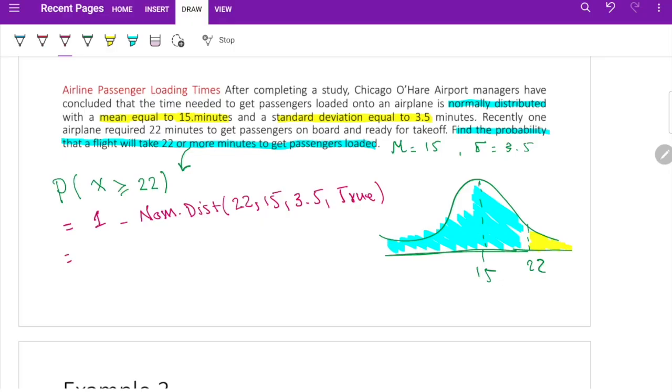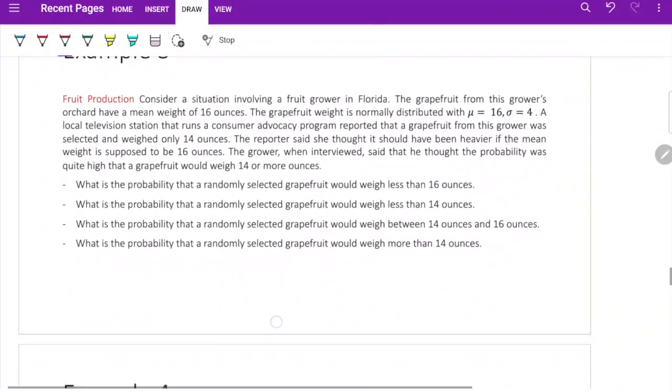We got approximately 0.022, so it's about 2%. There's a low chance that we are going to exceed this number, only 2%.